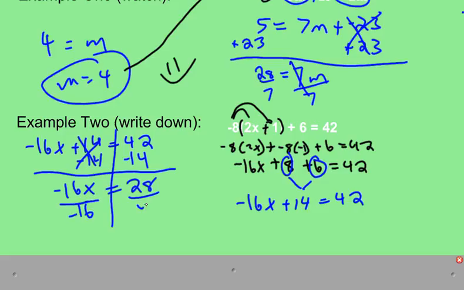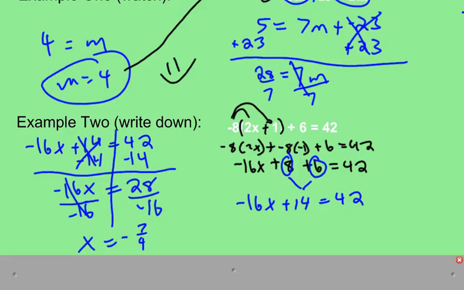Divide by negative 16 on both sides. You'll notice this is going to come out weird: 28 divided by negative 16. You can reduce that, or put it into a mixed number if you want. I'm going to leave it as, let's see, 4 goes into both of them, so it's negative 7 over 4.